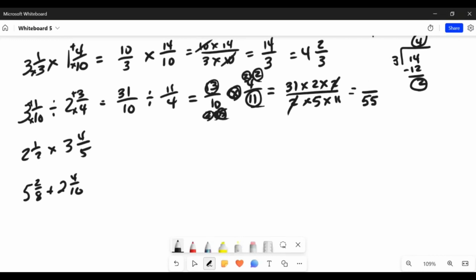We have 62. So I need to take 55 and divide it into 62. It will go once. And so we get 7. So this is 1 with a remainder of 7 55ths.